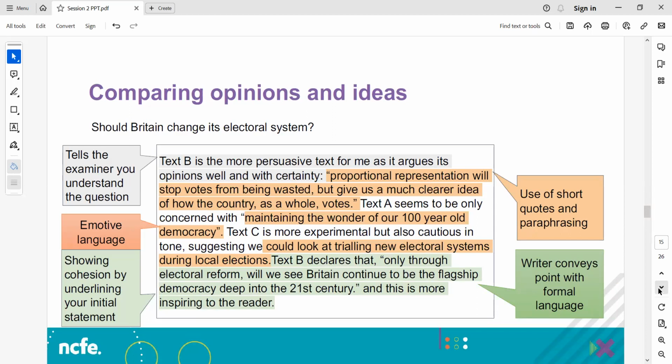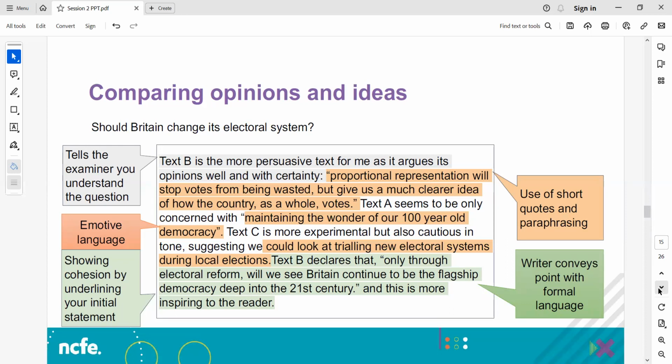Okay, so comparing opinions and ideas. Should Britain change its electoral system? Text B is the more persuasive text for me, as it argues its opinions well and with certainty. Proportional representation will stop votes from being wasted, but give us a much clearer idea of how the country as a whole votes.